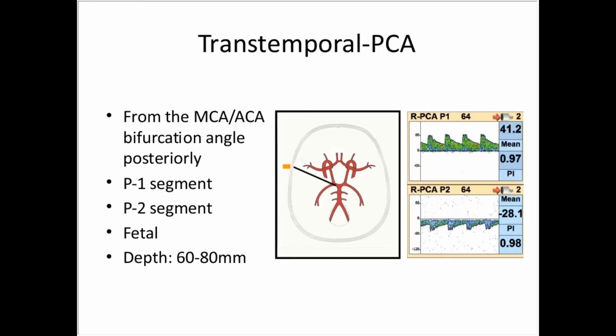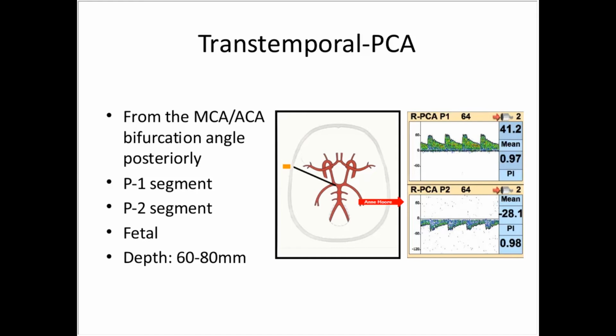So for the PCA, again, from the MCA-ACA bifurcation, angle posteriorly. We can insonate the P1 and the P2 segments, and here is an example of P1. Flow is normally directed above baseline, or flow is towards the probe.